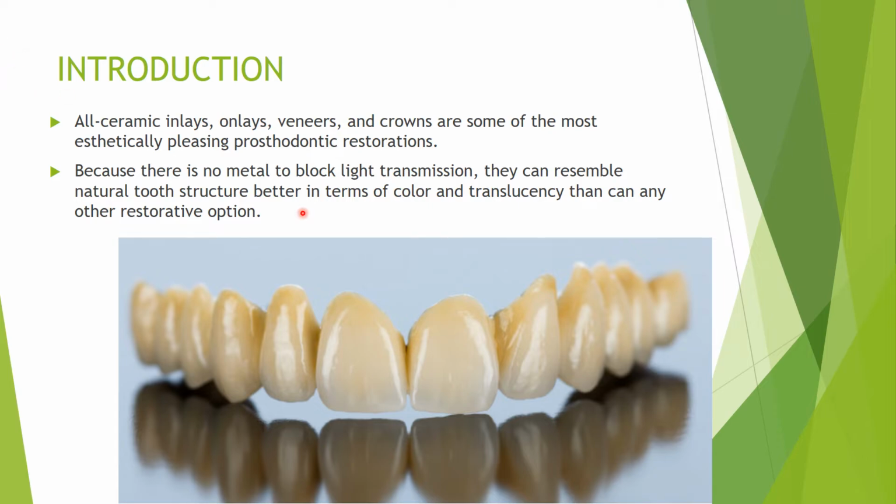So you can see here an example of a full mouth rehab with all ceramic restorations, right? With a very good variation of color and translucency. There is no metal, so there is very good light transmission as well.